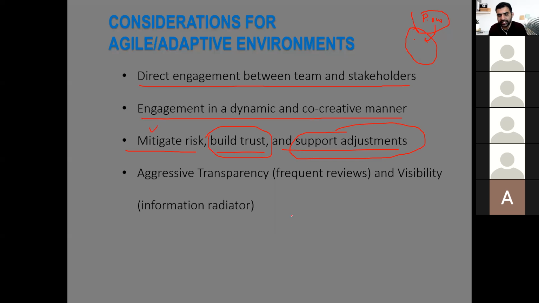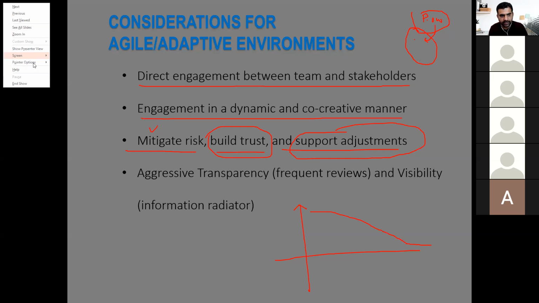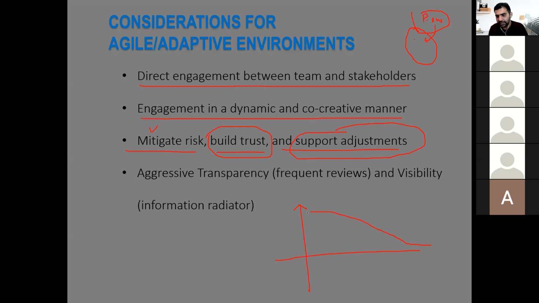In fact, Agile says that in the waterfall method, the risks are reduced over a period of time, whereas in Agile, the risks are front-loaded. We try to reduce our risks as early as possible, and the critical risks are reduced early in the project.